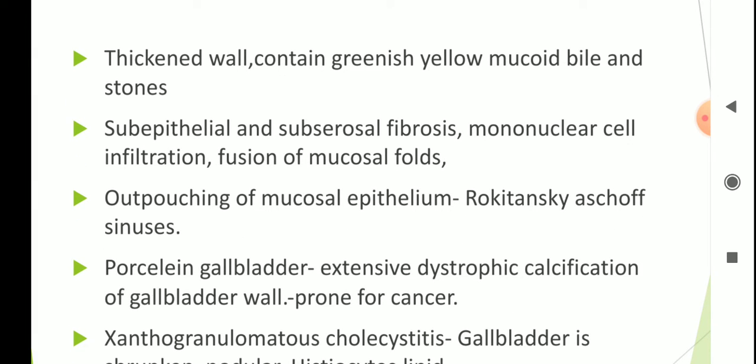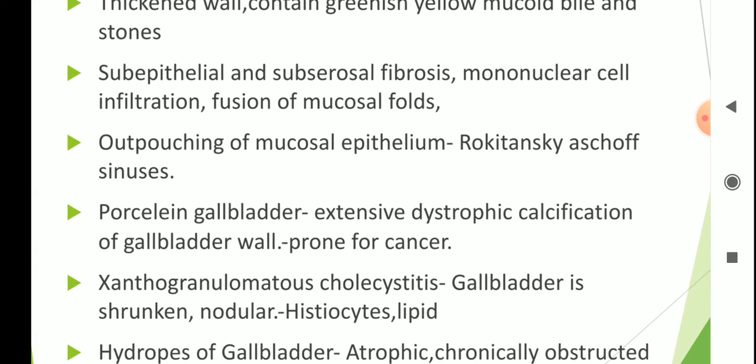There is a thickened wall containing greenish-yellow mucoid bile and stones, with subepithelial and subserosal fibrosis. With any chronic disease there is fibrous tissue formation, the scar. There is mononuclear cell infiltration, fusion of mucosal folds, and outpouching of mucosal epithelium, called Rokitansky-Aschoff sinuses.